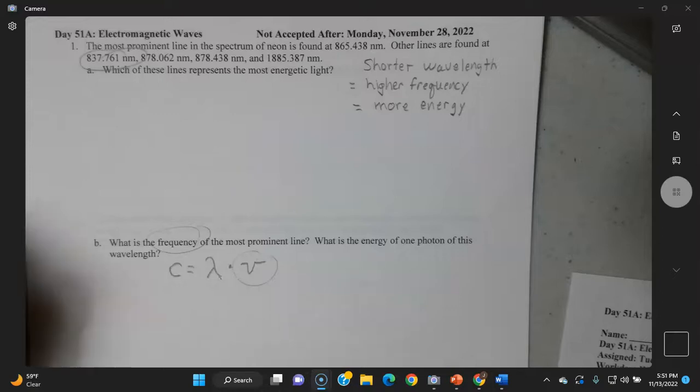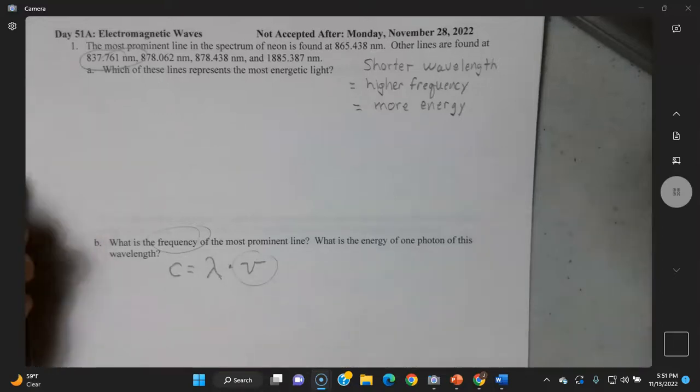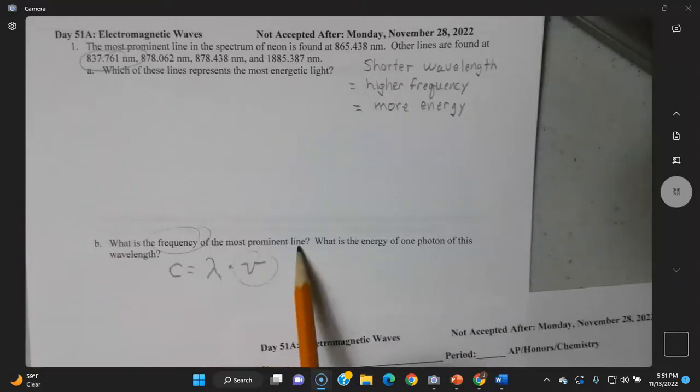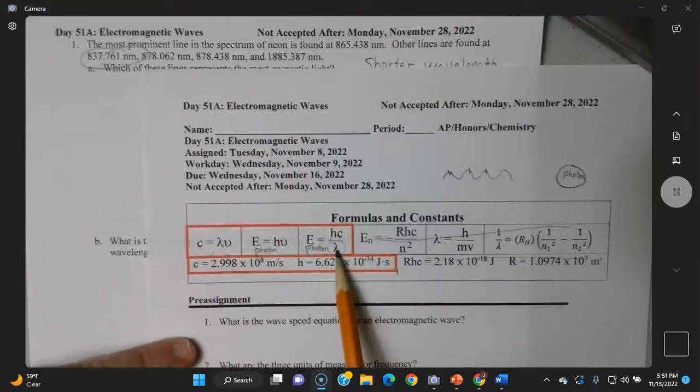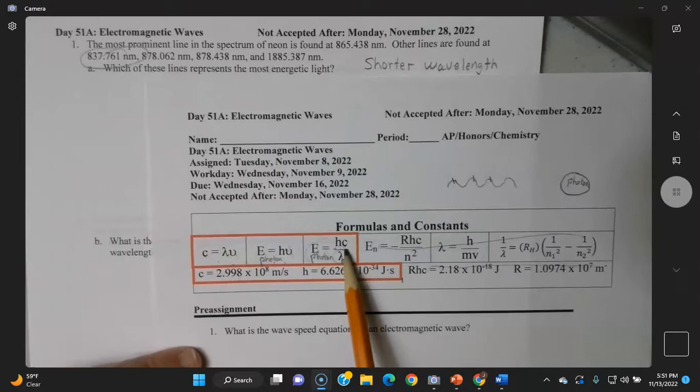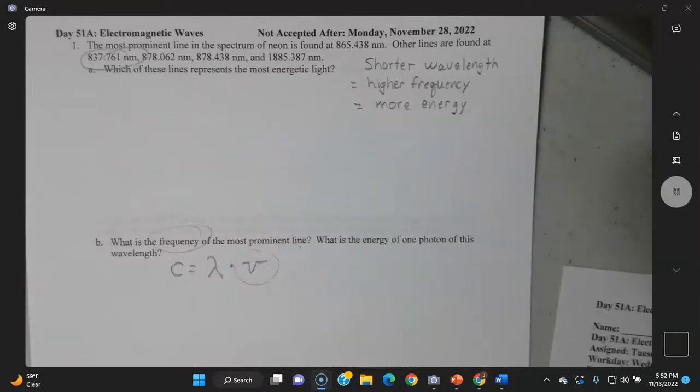So once you have that wavelength, for the first part of this question, you use this. And for what is the energy of one photon at this wavelength? There you go. So the energy, you have the wavelength, you have H and C, those are constants. Plug in the numbers and come up with E for that. Okay, so I'm going to leave that one for you to do. All right? You want me to say that again?